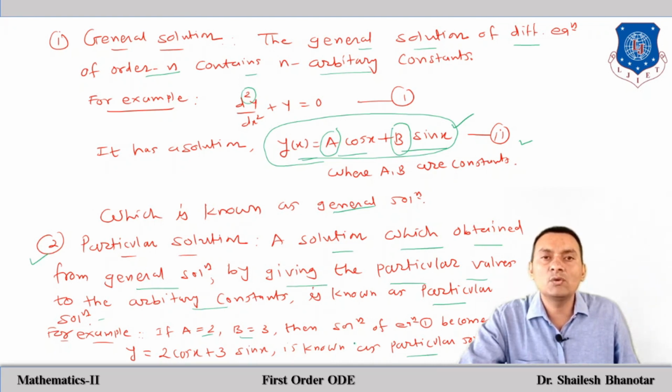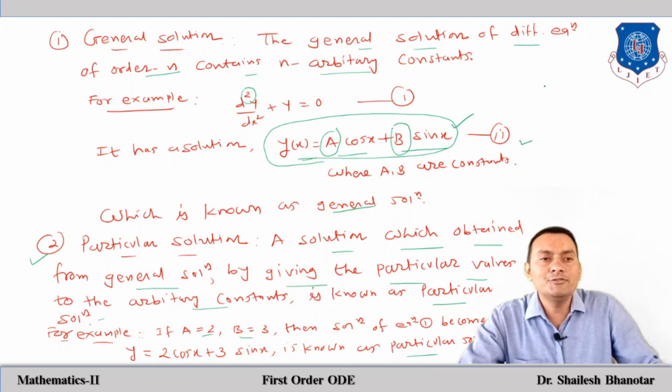And whenever a question is given, whether it is a boundary value problem or an initial value problem, I am using the terms initial value problem and boundary value problem. So first, what do you mean by IVP and BVP?